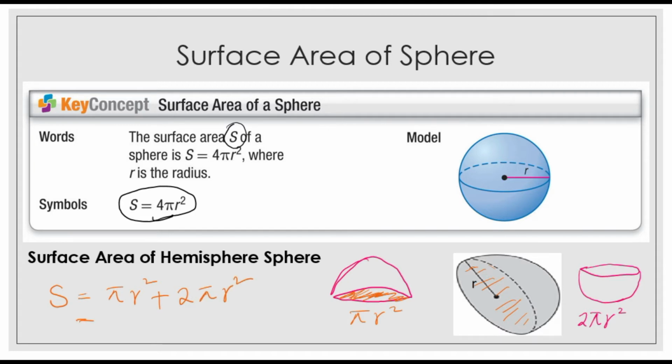Since both of them have pi and r squared, this is 1 pi r squared and this is 2 pi r squared, together it will be 3 pi r squared. So if the hemisphere has this circular lid on it, then the area is going to be 3 pi r squared. Now we are going to use this formula for the hemisphere.